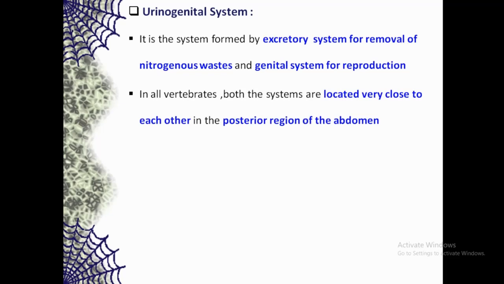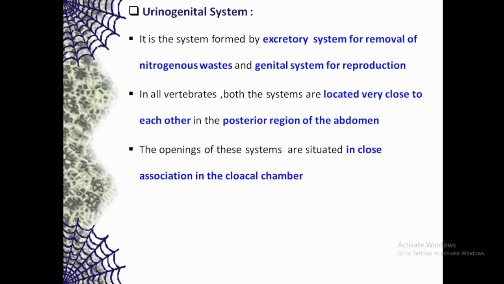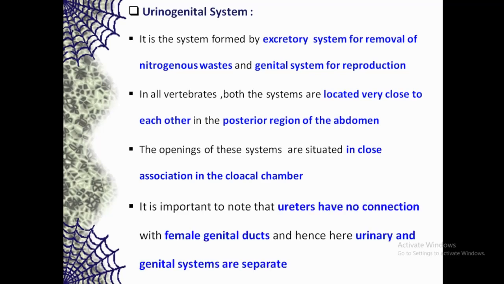In all vertebrates, both these systems are located very close to each other in the posterior region of the abdomen of an organism. And the openings of these systems, that is, the excretory opening and the genital openings, are situated in close association in the cloacal chamber. The cloaca is the common chamber in which all these exit openings open.